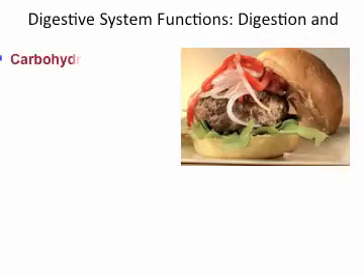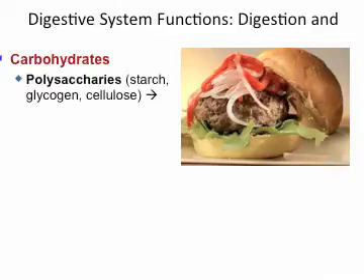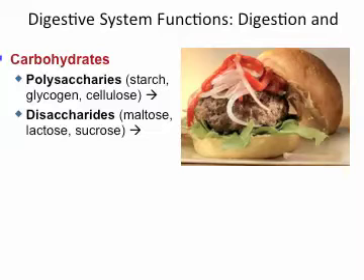So here's a picture of a hamburger to show you the different types of foodstuffs that we eat. Carbohydrates are made up of polysaccharides or sugars. Examples of polysaccharides are starch, glycogen, and cellulose. Polysaccharides are chemically digested into disaccharides.